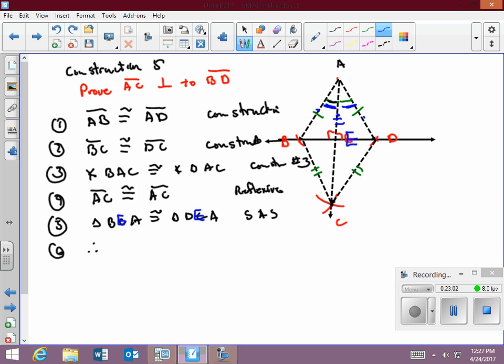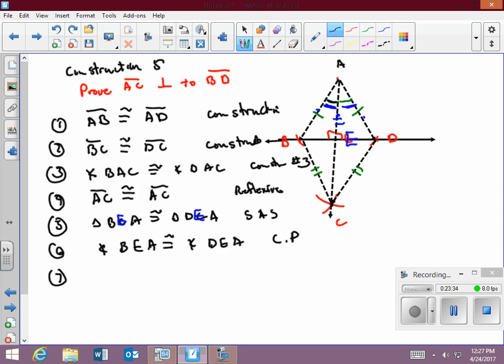Then what I do is angle BEA is congruent to angle DEA, and that's corresponding parts.